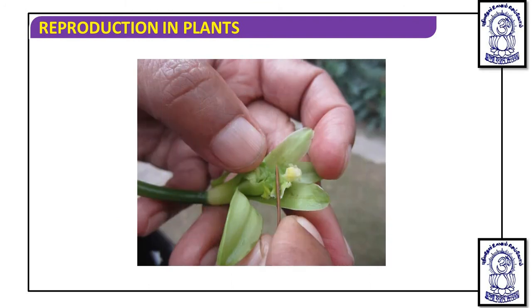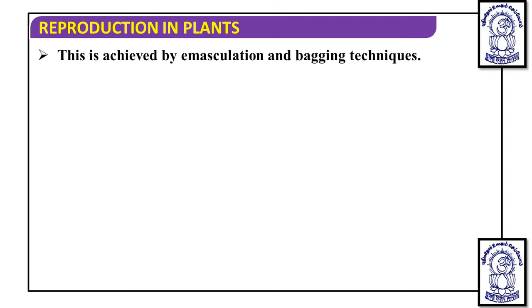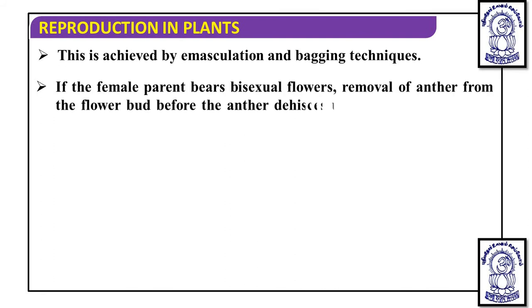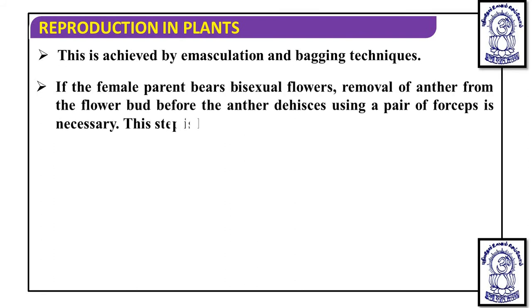So here you can see this is the cutting of specific anthers, that is emasculation. So we can understand these terms in technical language, and we can know that artificial hybridization is achieved by emasculation and bagging. If the female parent bears a bisexual flower, the anthers are removed from the floral bud.